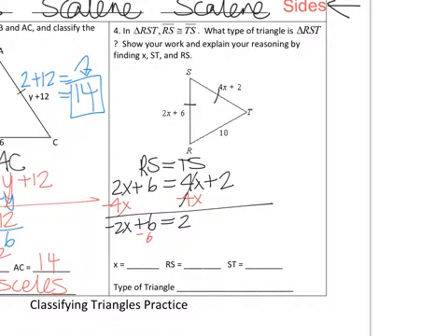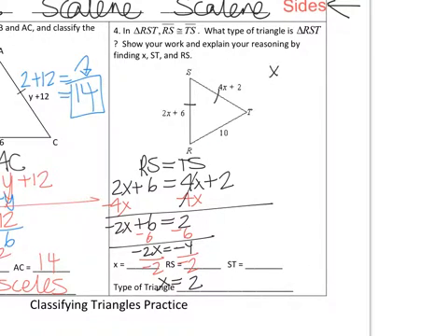If I subtract 6 from both sides, I get negative 2x equals negative 4. Then if I divide by negative 2 on both sides, I get x equals 2.